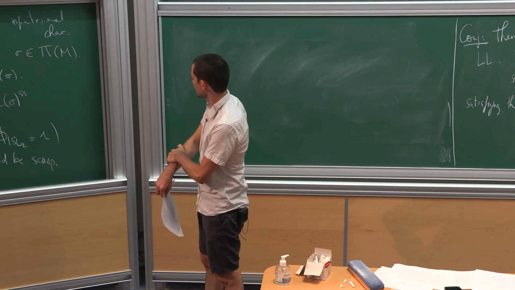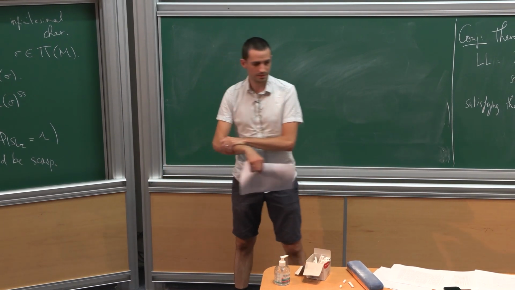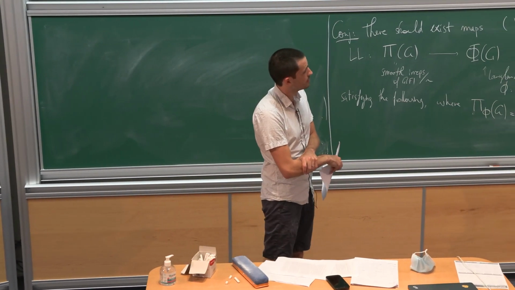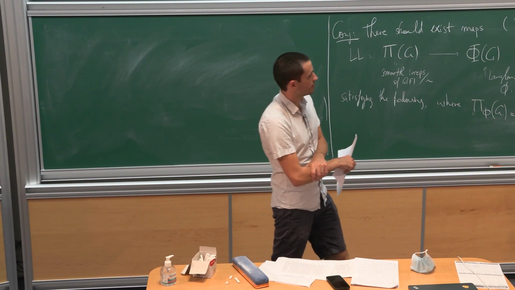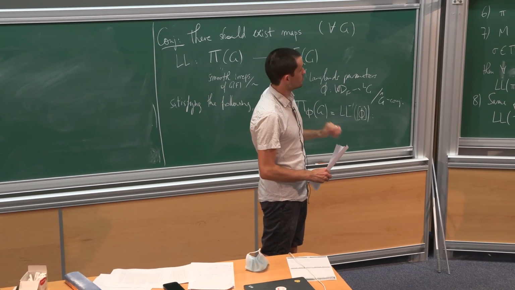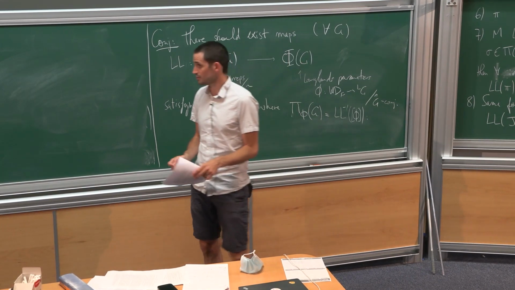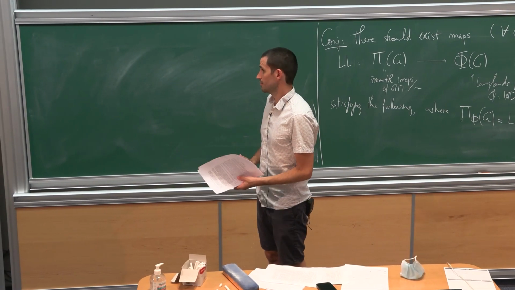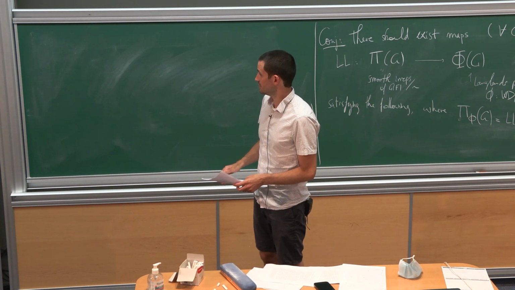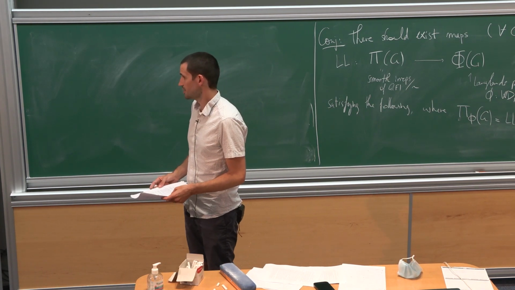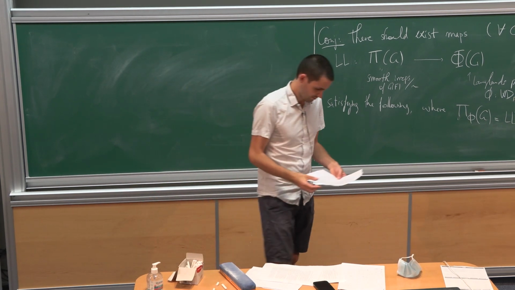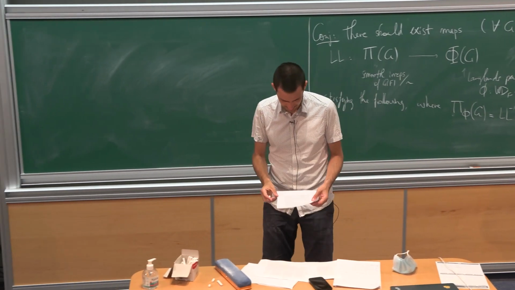And there are different ways to do this. So in the case of GL_n, which was proved by Harris, Taylor, and Scholze, the characterization is by L and epsilon factors for pairs, and also by local-global compatibility. You can ask about compatibility with base change. Okay, I'm not saying too much.